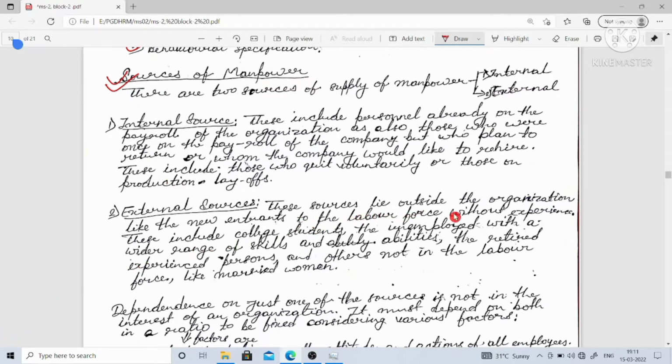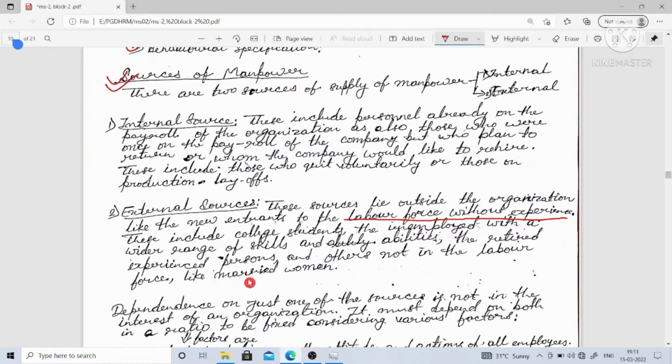The second source of manpower is the external source. These sources lie outside the organization, like new entrants to the labor force without experience. These include college students, the unemployed with a wider range of skills and abilities, the retired experienced persons, and others not in the labor force, like married women.